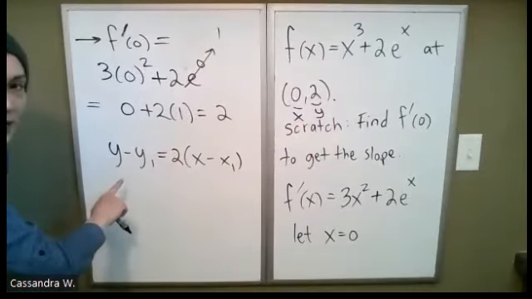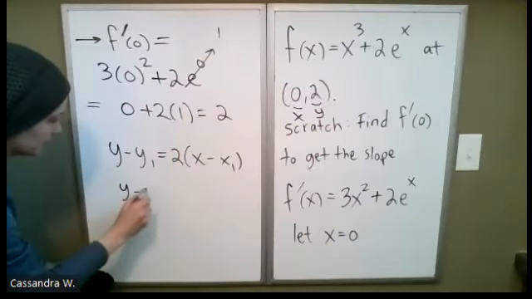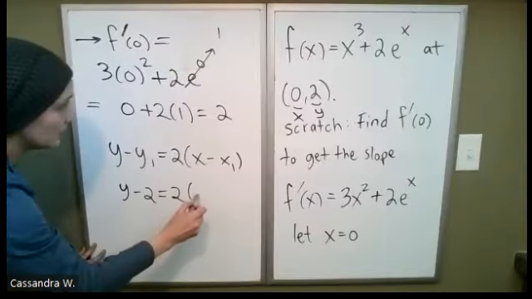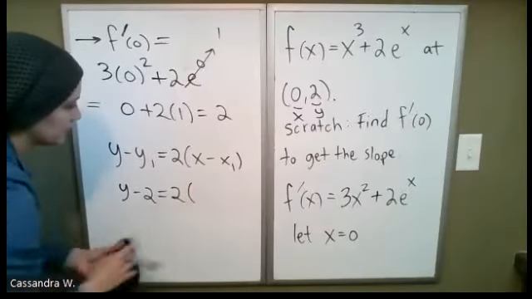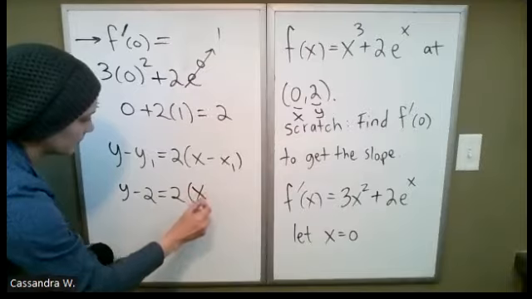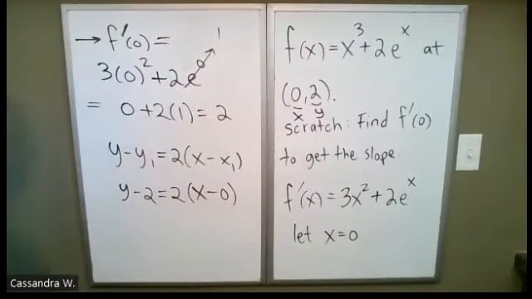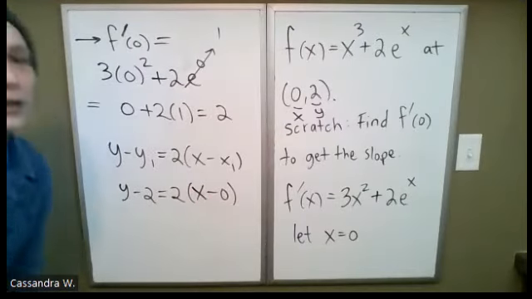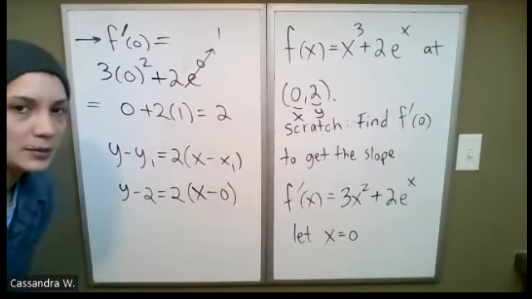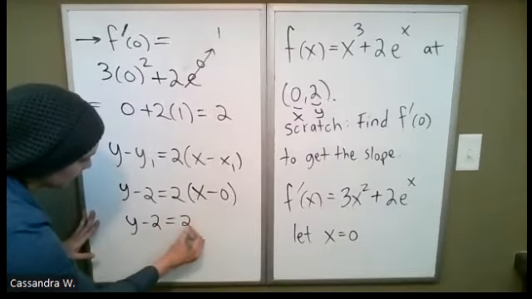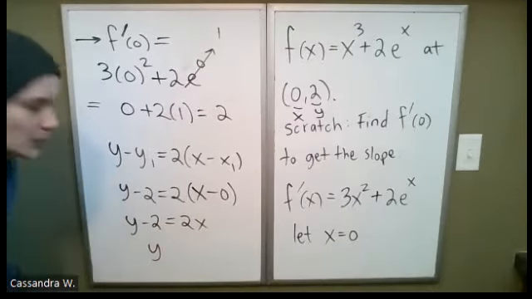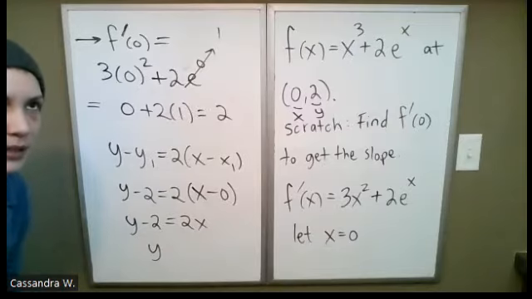Okay, y minus 2 equal to 2 times 0, oh, x minus 0. All right, y minus 2 is equal to 2x. So y would be 2x plus 2.